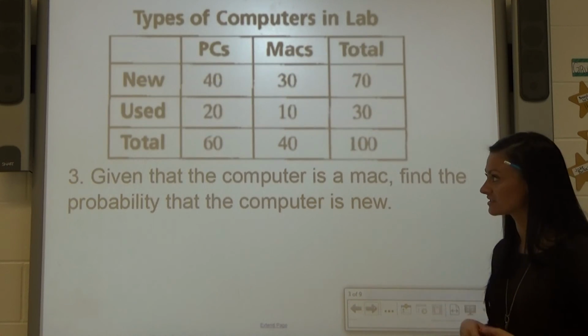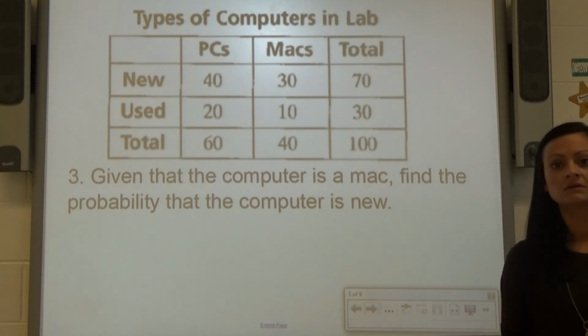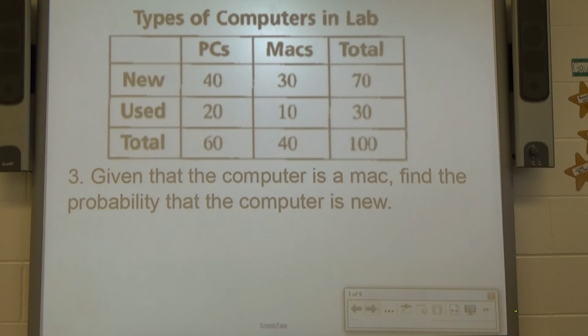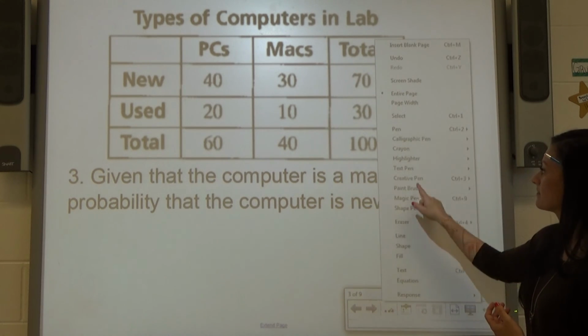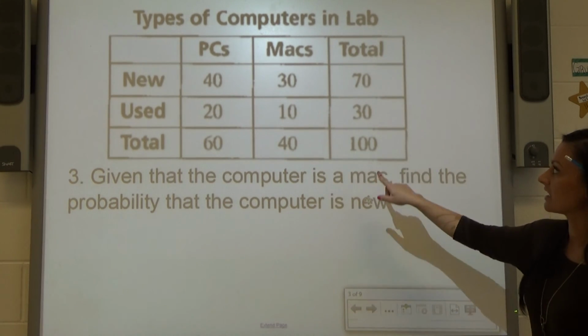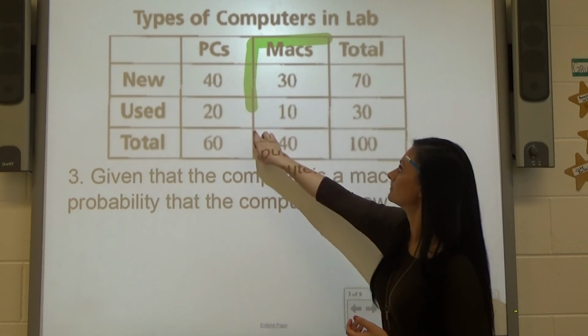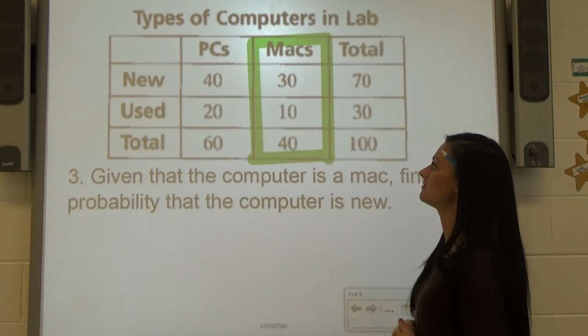Now what if I give you the same table, but now throw you a word problem instead of the notation? Same idea. Look for what they tell you is given, and that's where I need to start. In this case, I've been given that the computer is a Mac. So I'm going to highlight the piece of this table that matters to me.